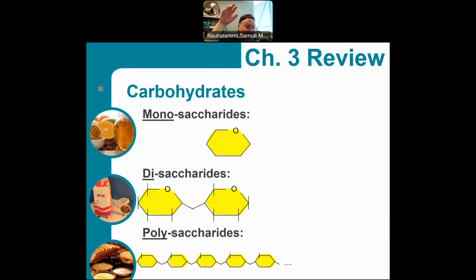The problem is that then those sugars have been burnt off and there's not much left. So often we get this crash of energy after consuming simple sugars as a source of energy, simple monosaccharides or even disaccharides in our diet. So if you want to store long-term energy in your body that's available for when your body actually needs that energy, it might be beneficial to eat complex carbohydrates, so polysaccharides.